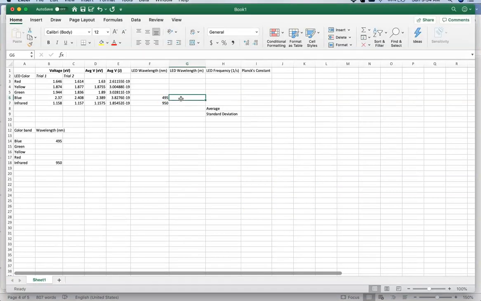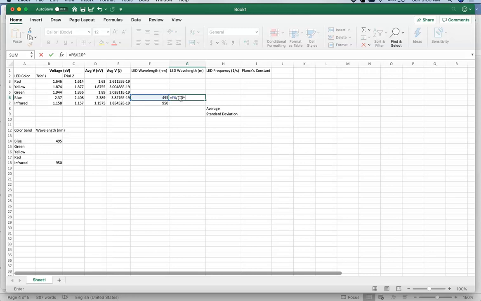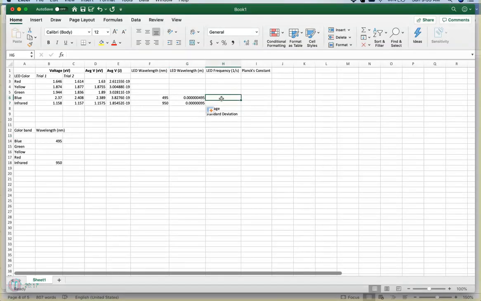Alright, so now we have what we're setting up. I need to convert this number, and I said I was going to divide by 10 raised to the 9th. There we go. Almost done. Again, let's remind ourselves where we're going. I still need to get frequency, because lambda nu equals c, so nu equals c over lambda.